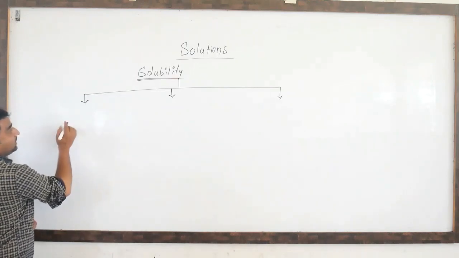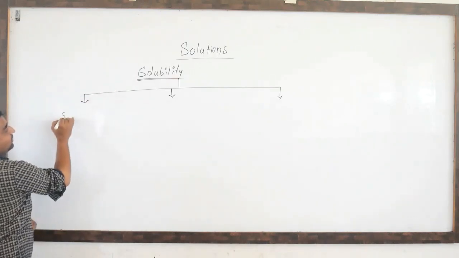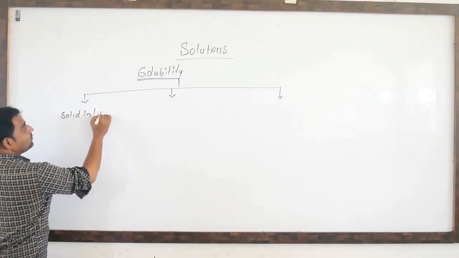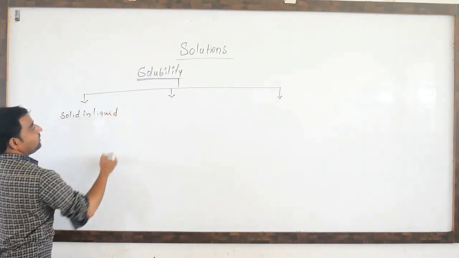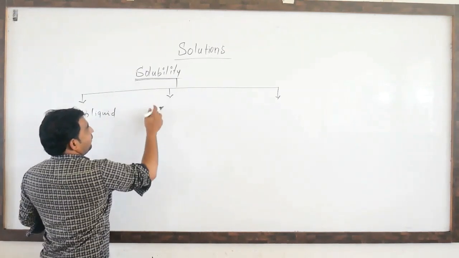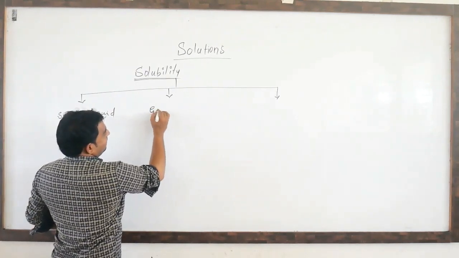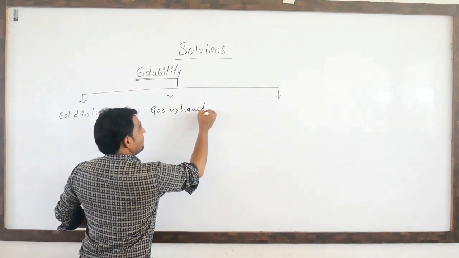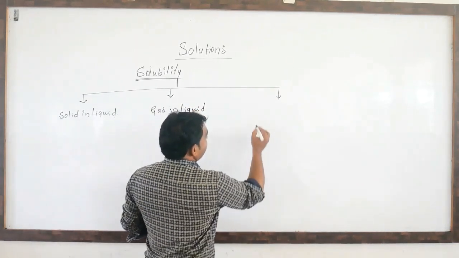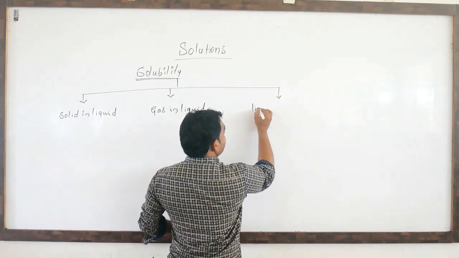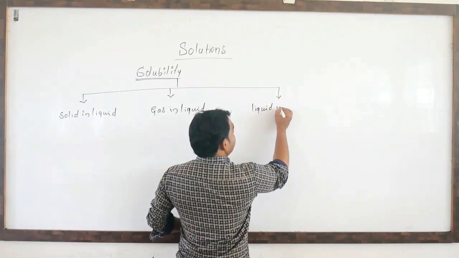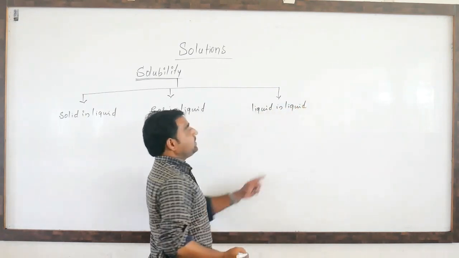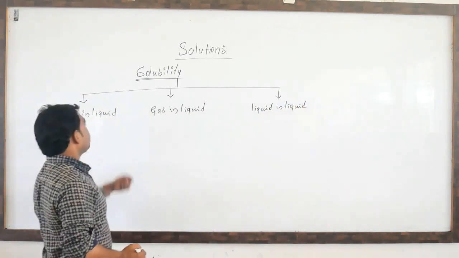So first is the solubility of solid in liquid, and the solubility of gas in liquid, and the solubility of liquid in liquid. In all the cases, liquid acts as the solvent.